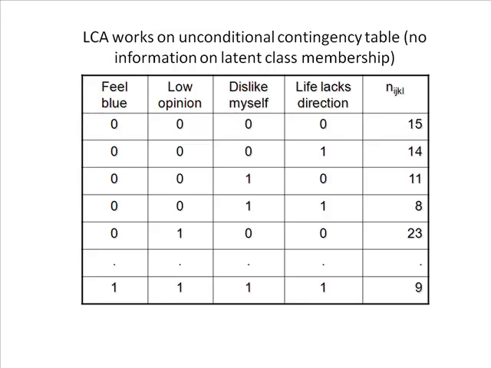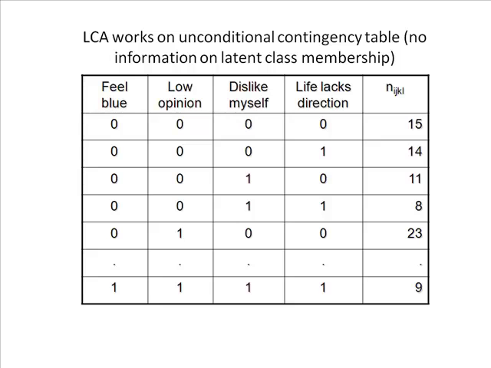And I simply count up the number of people in my sample that have these 4 characteristics of 0 on each of these indicators. Similarly, I use a count of the number of people in my sample that score 0 on these 3 characteristics and score 1 on my life lacks direction. So we can easily count up the number of people in all possible combinations of these 4 categories.